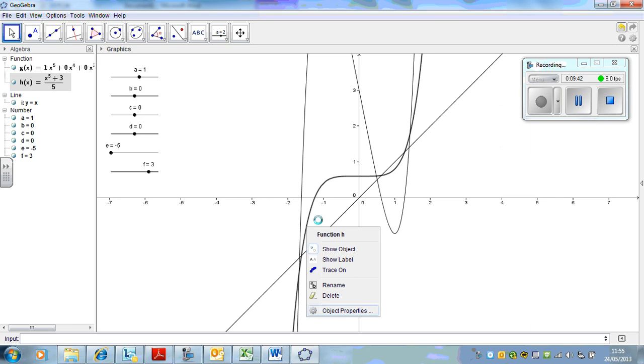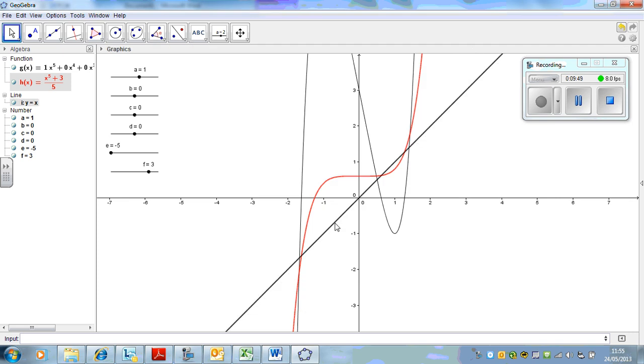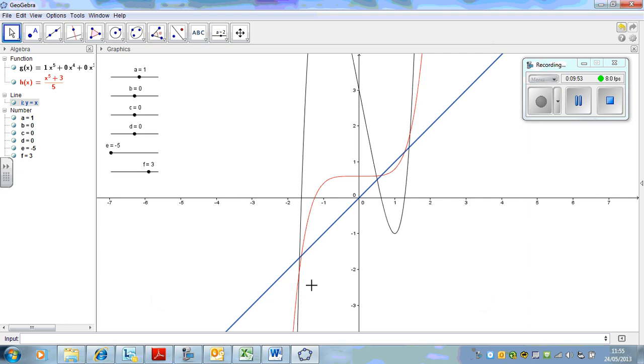This is our rearranged one, so I'm going to change the color just to make it clear, and this is our line y equals x. Where they cross corresponds to where the original equation crosses the x-axis.